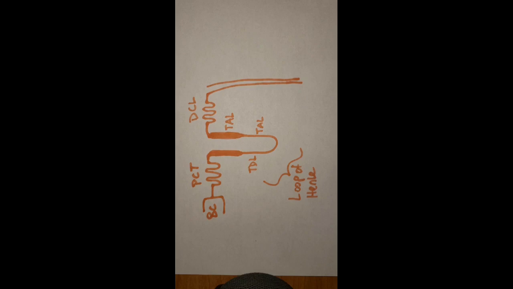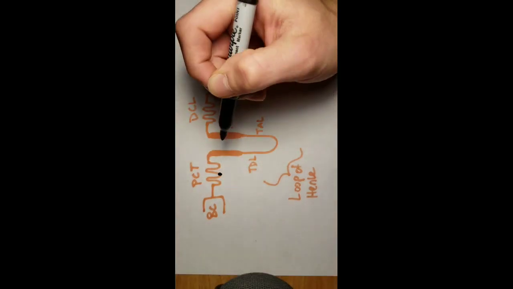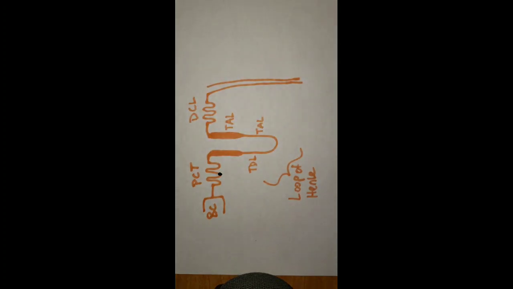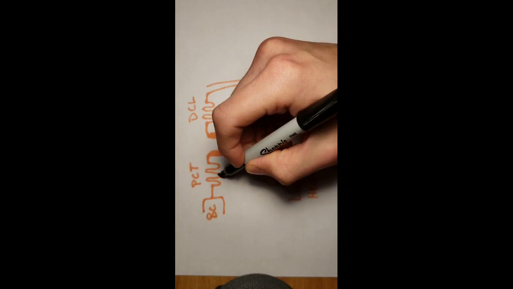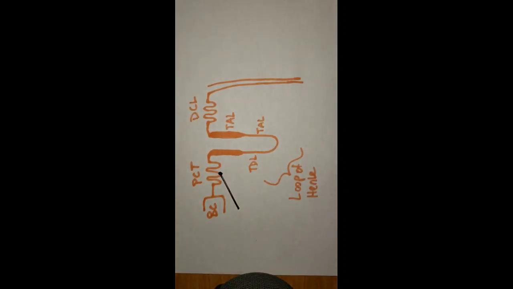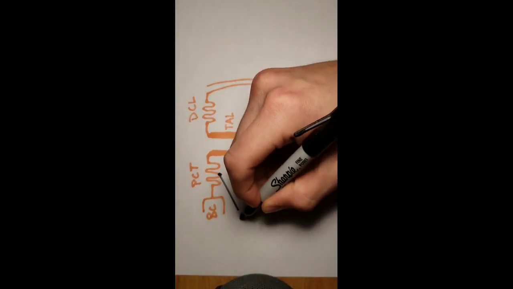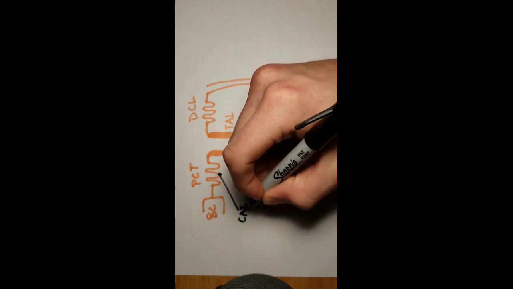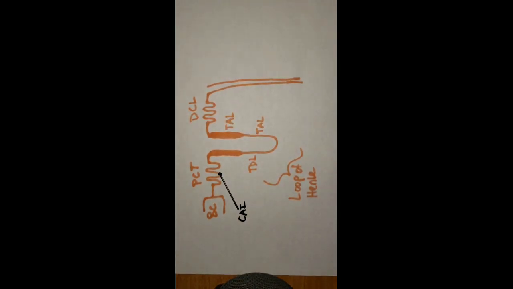The first class of drugs, if you remember from the acronym COLTA, is carbonic anhydrase inhibitors. And these are active here in the proximal nephron. I'm putting a dot here on the proximal convoluted tubule to indicate that this is the site of action by carbonic anhydrase inhibitors.